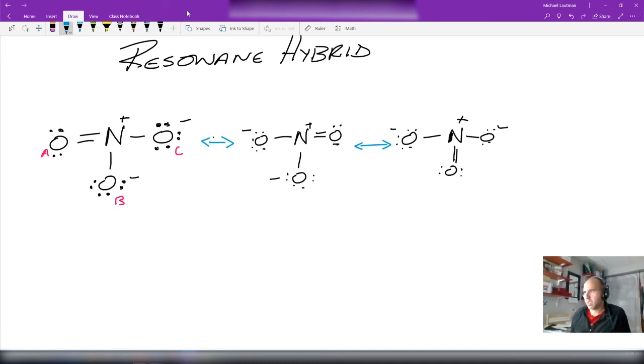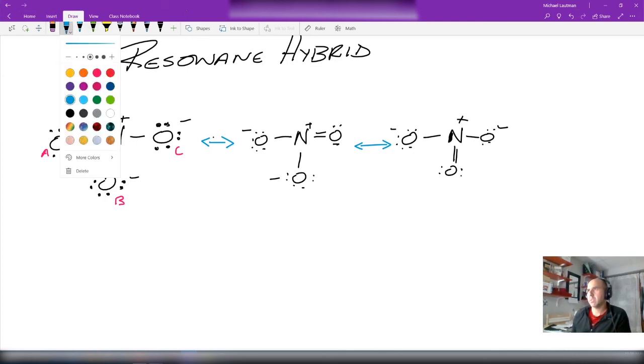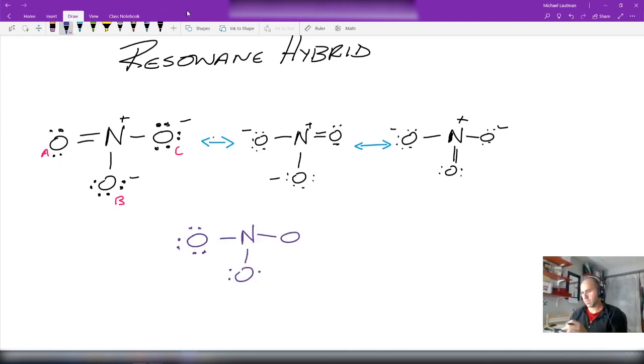It's not the same as, remember this? That's an equilibrium arrow. This is equilibrium. This is resonance. They're not the same. And so my hybrid, right? Hold on. So back to where we were.